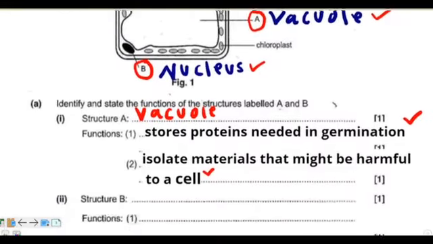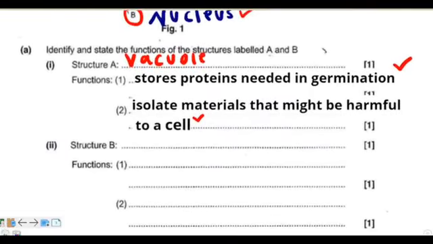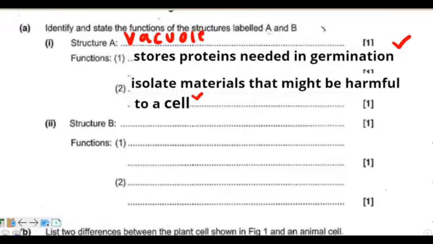So what about structure B? Structure B is the nucleus. So what are the functions of the nucleus? Number 1, it contains genetic materials.